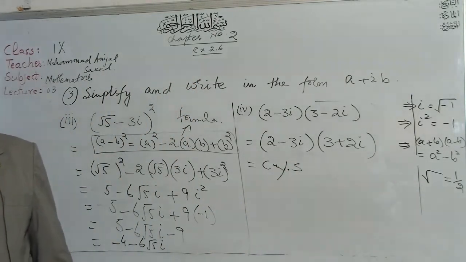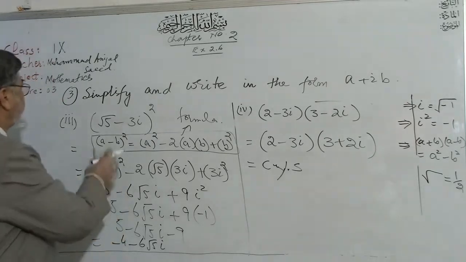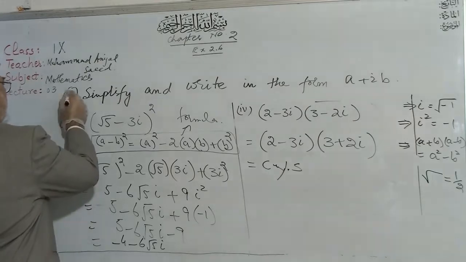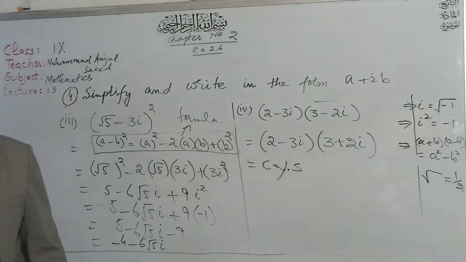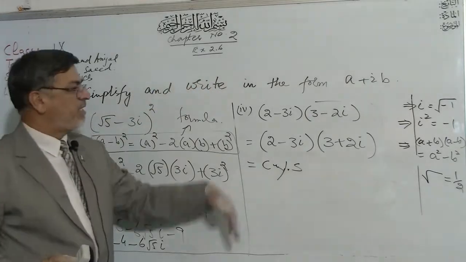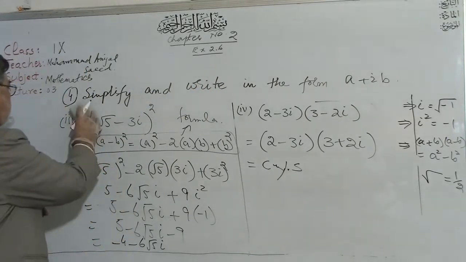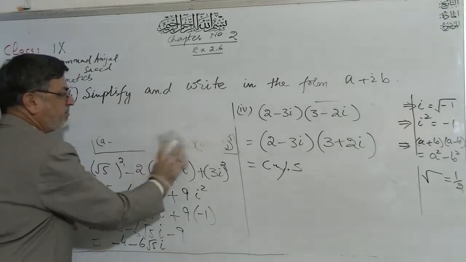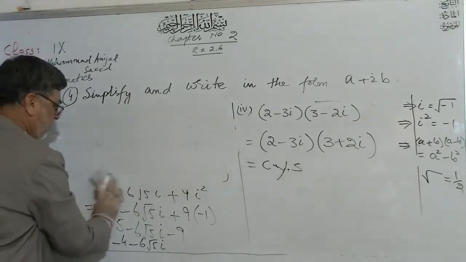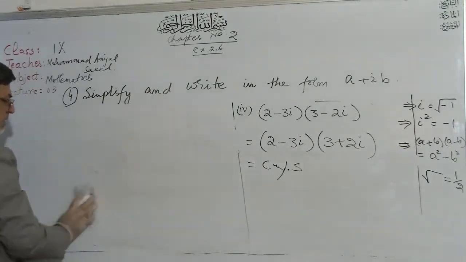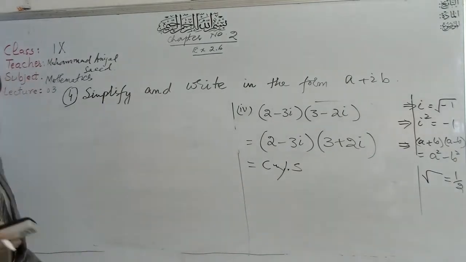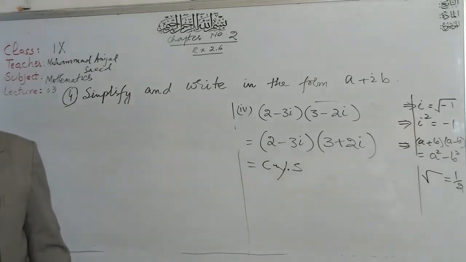After that, we have question number 4. Simplify and write the answer in the form of a plus iota b. Same sense, same type of question. Here is question number 4.